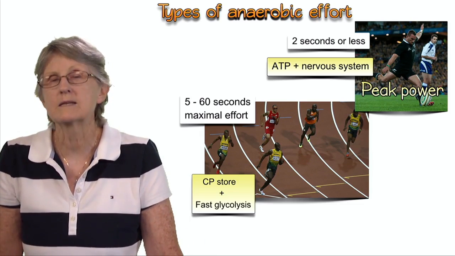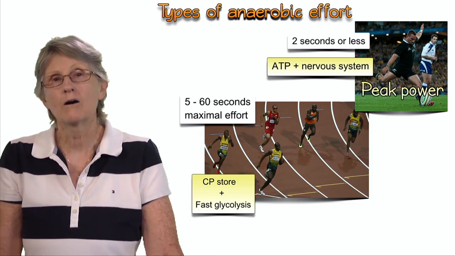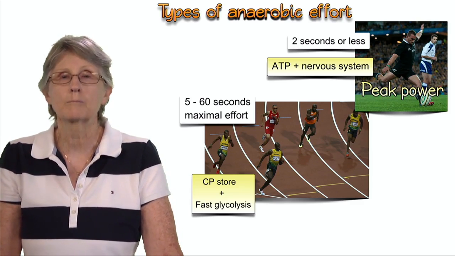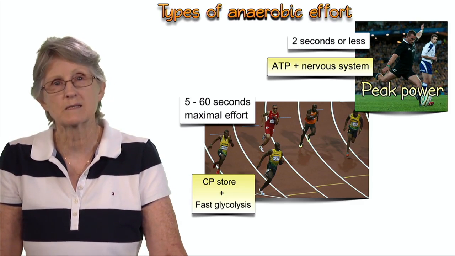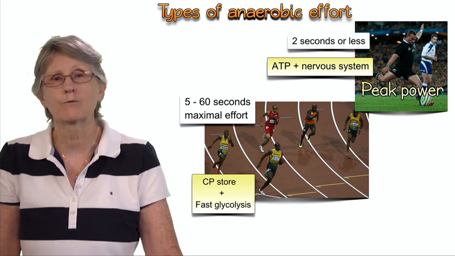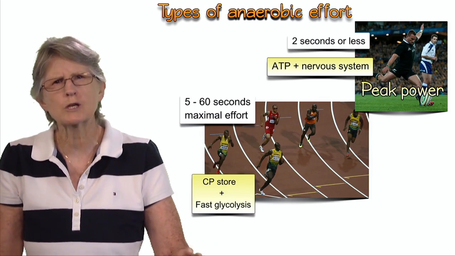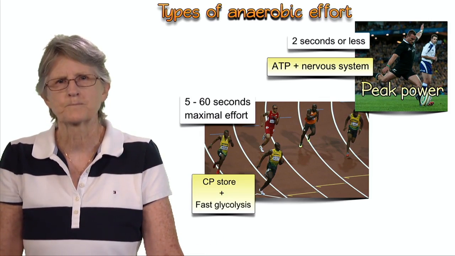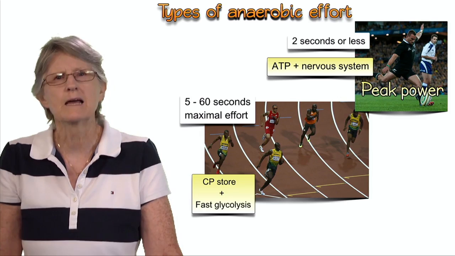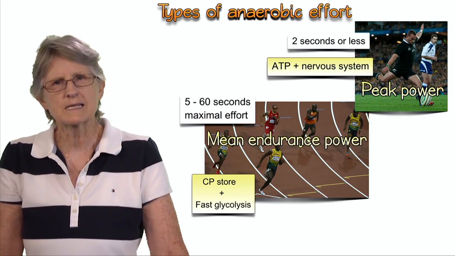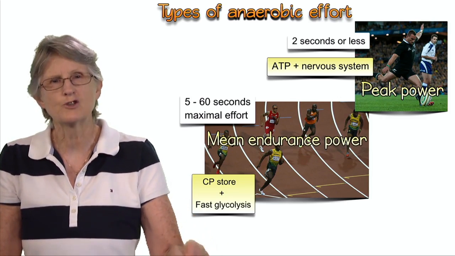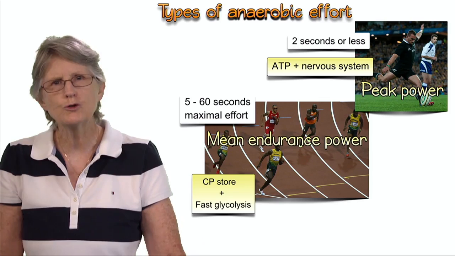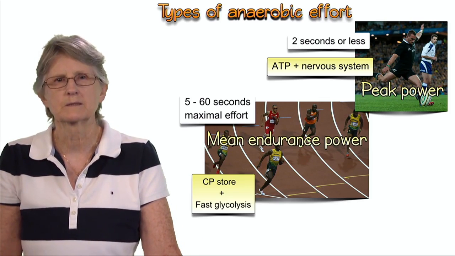Anaerobic power in these situations depends on the athlete's ability to sustain a very high power output for up to 60 seconds. That is the case for the 400-meter race, but it's usually much less than this for most sports. This sustained anaerobic capacity is assessed in terms of mean endurance power over a specific time period, usually 30 seconds.